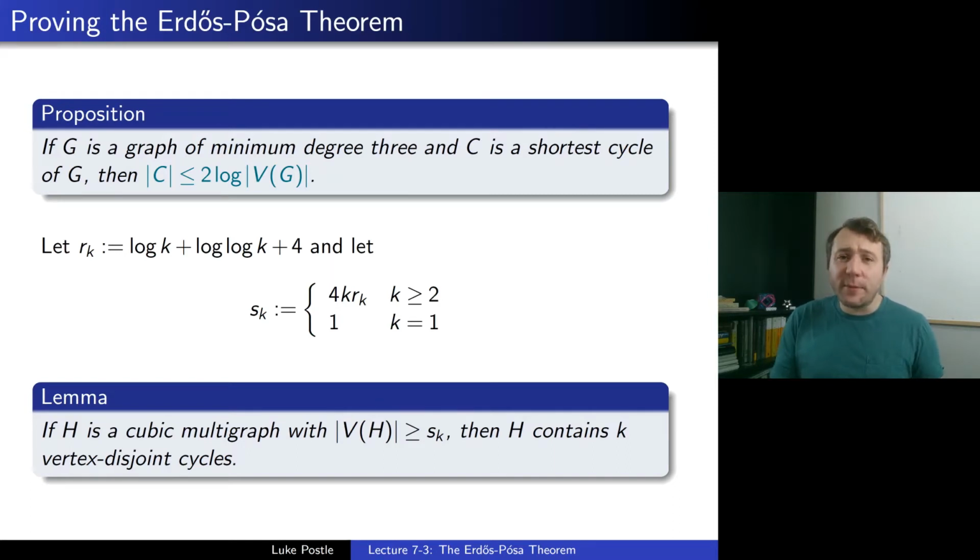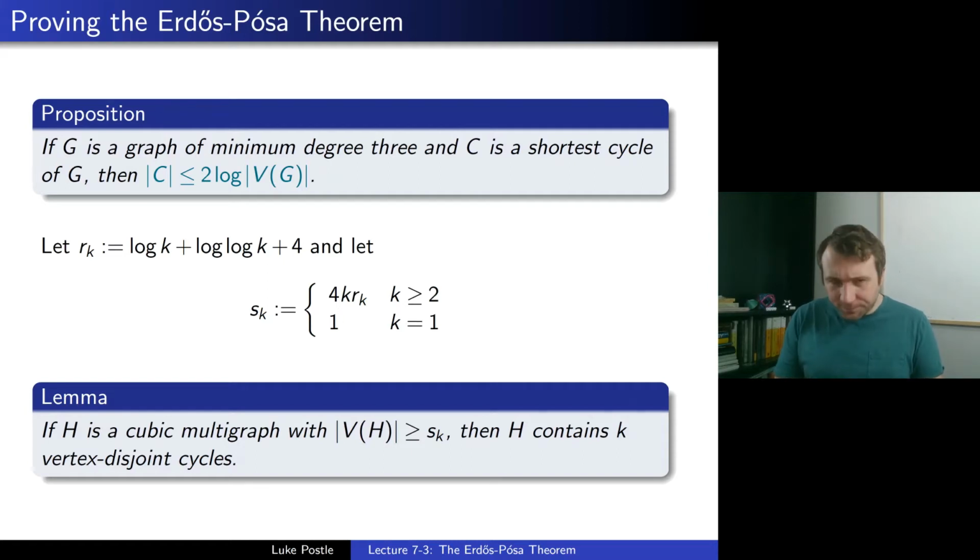Then if you're the subdivision of a cubic graph and you suppress the vertices of degree 2, you'd find a cubic multigraph. And if we knew the number of branch vertices, those degree 3 ones, was at least s_k, then this lemma would find us k vertex disjoint cycles in the multigraph and hence in the subdivision and hence in the graph G.